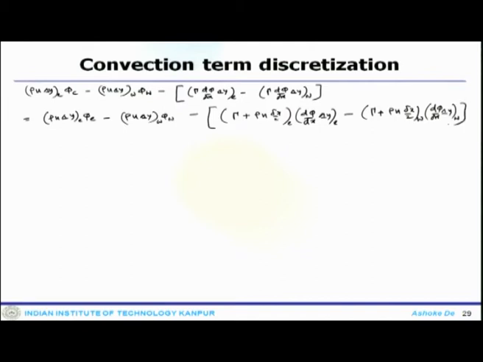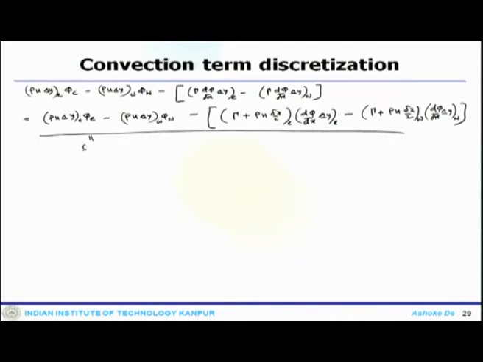Now it is very clear what the discretized equation is that is being solved.